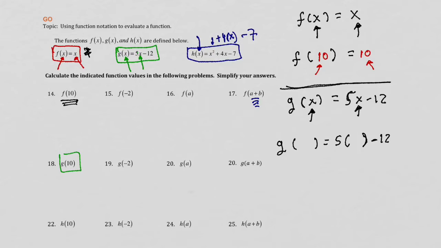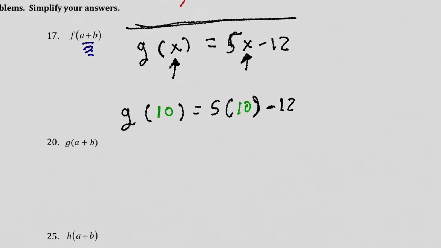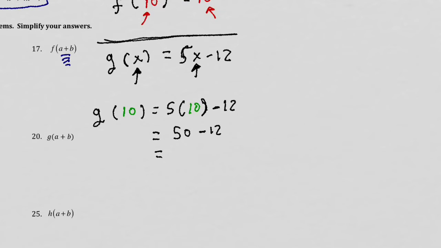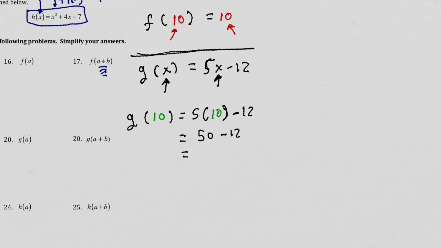And like I said, everywhere we see an x, we're going to replace it by a 10 now. So on the right hand side, we can do algebra to simplify. So 5 times 10 is 50. And then we still have this negative 12 on the right hand side. And then 50 minus 12, we can either use our brain, or if we need to, we can use a calculator. So 50 minus 12 is 48.